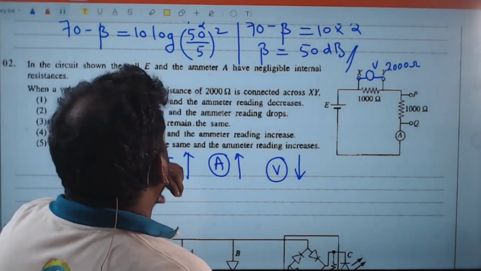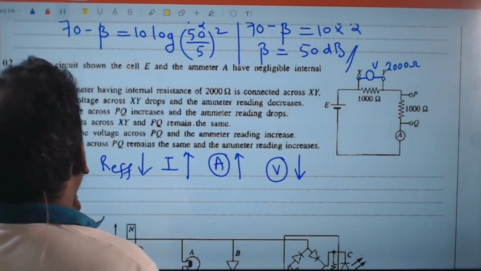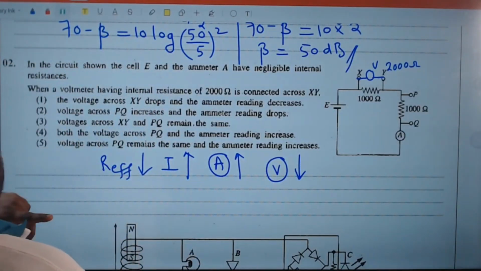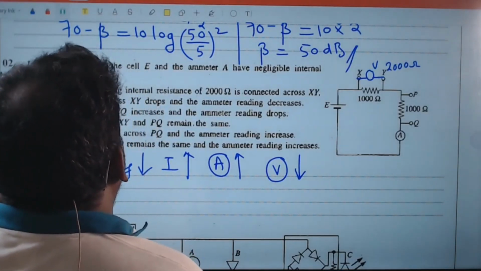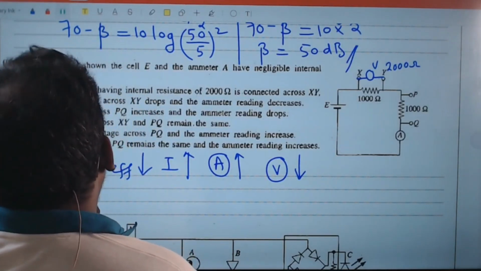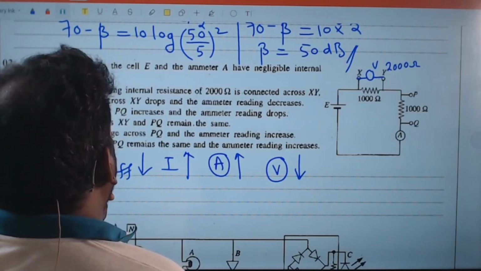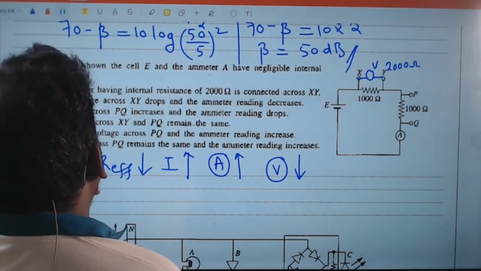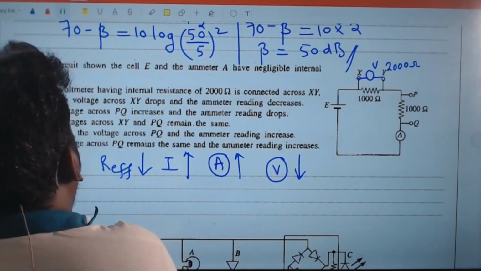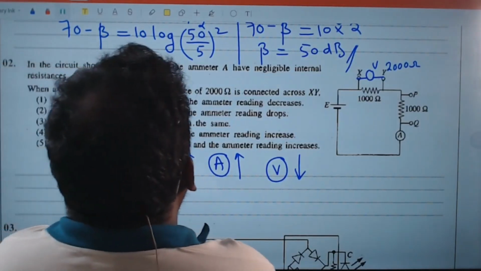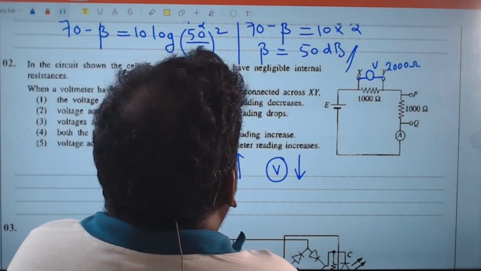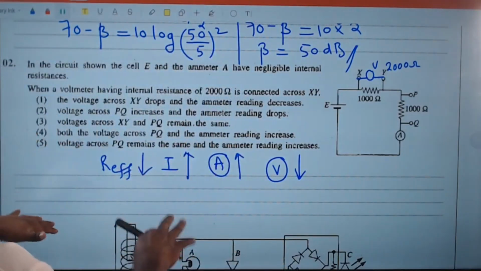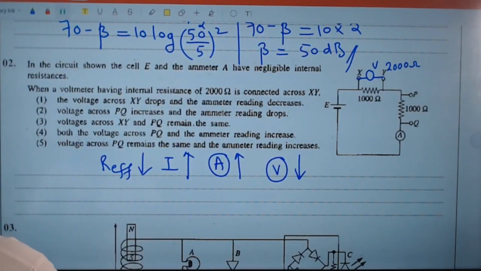Voltage across XY and PQ remain the same, wrong. Both voltage across PQ and ammeter reading increase, wrong. Voltage across PQ remains the same and ammeter reading increases, wrong. So what's happening here? Voltage across XY will drop and ammeter reading will increase. Effective resistance reduces, current increases.